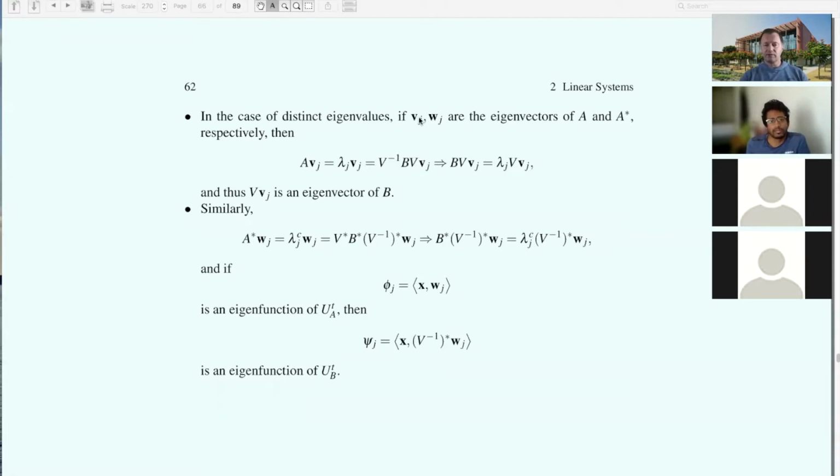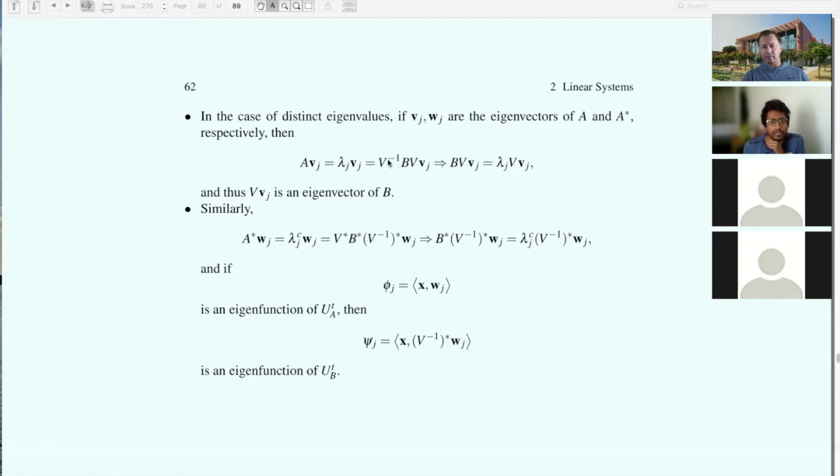And let's assume that Vj and Wj are the eigenvectors of A and A star, the adjoint. And then AVj is lambda j Vj. Now rewrite A as V inverse BV. So we are assuming that we have a conjugacy that is given by H is Vx. So V inverse BV acting on Vj.